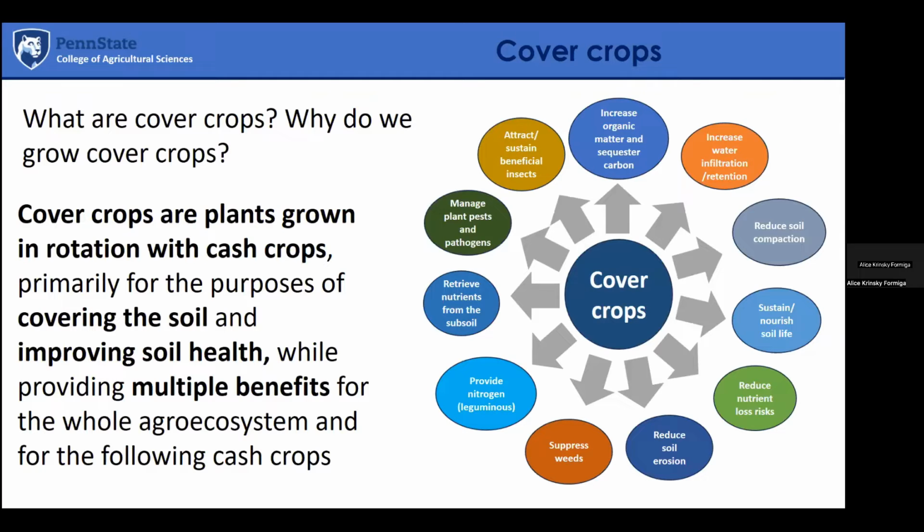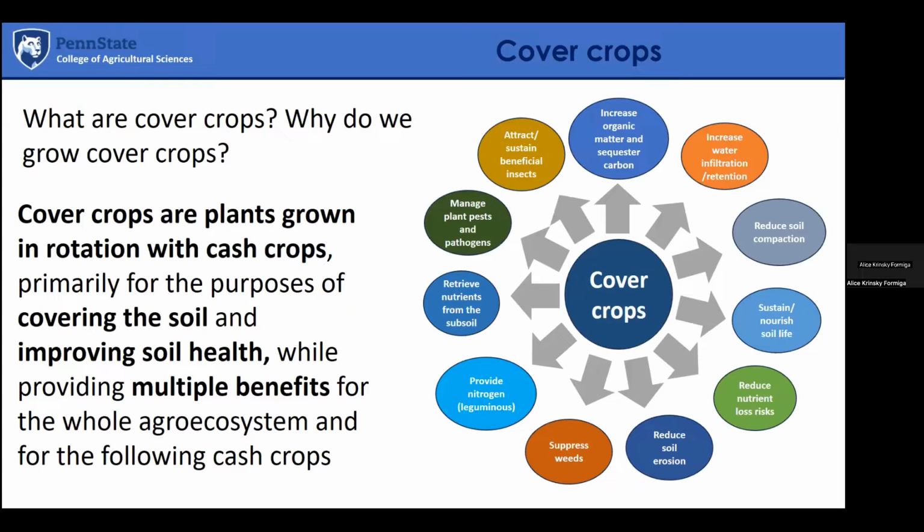Now, when we talk about these multiple benefits, we can see in this little scheme that cover crops are used primarily to increase organic matter and sequester carbon.